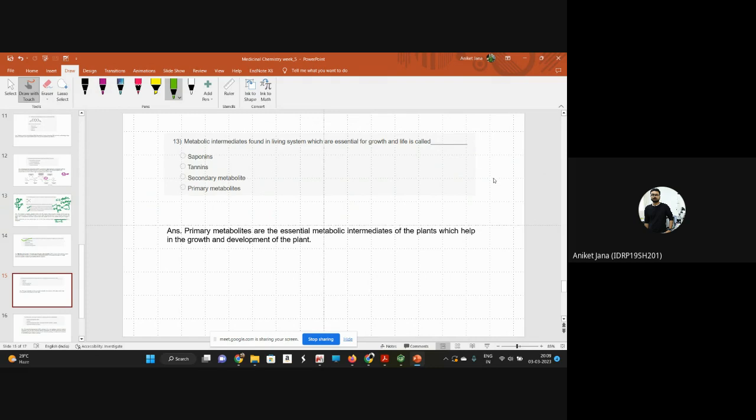Any other primary metabolites? Glucose. And what is the general form of glucose? It's basically a carbohydrate. There are four main primary metabolites: carbohydrate, protein, lipid, and vitamin. As we know, they are very essential for our life.